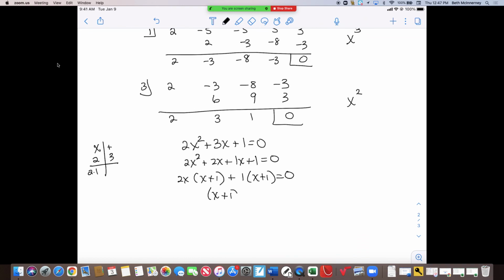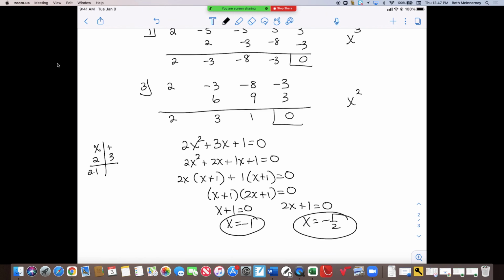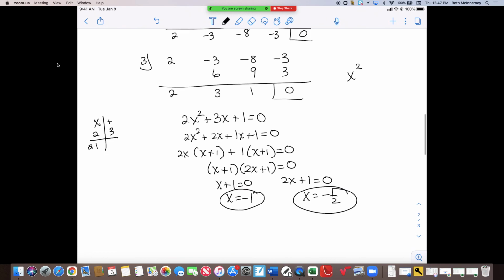So I get x plus 1 times 2x plus 1. So x plus 1 is 0, 2x plus 1 is 0. Now, on an answer blank, if you put that in, I'm going to mark it wrong because don't forget about the first two that we found with the rational root theorem.